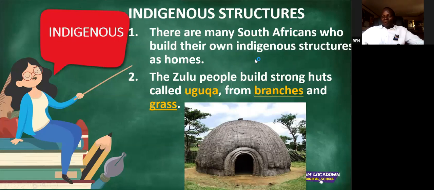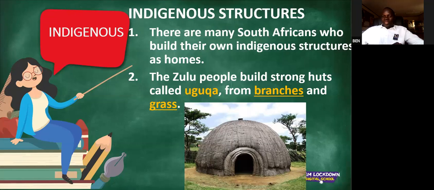So the Zulu people were building a house which they used to call iguqa. They built it from branches and grass. As you can see in the picture, the house is dome-shaped. A dome shape, meaning there is what we call an arch, is also one of the strongest shapes.